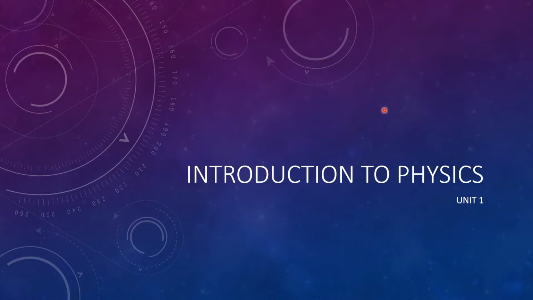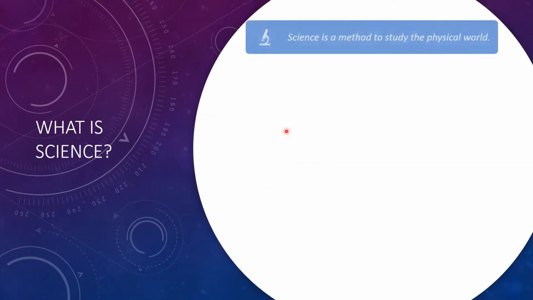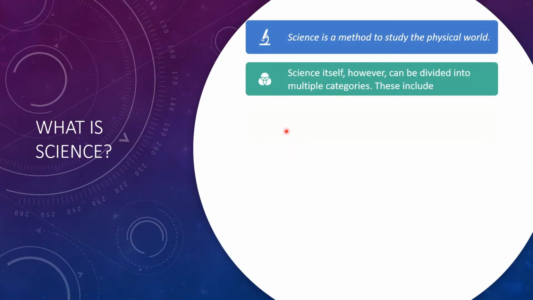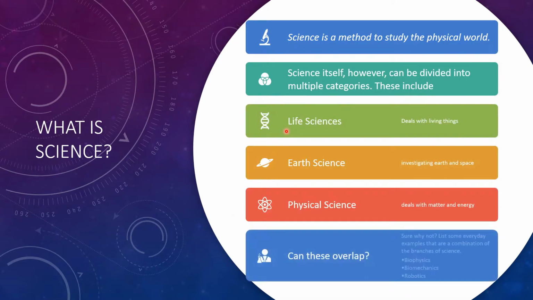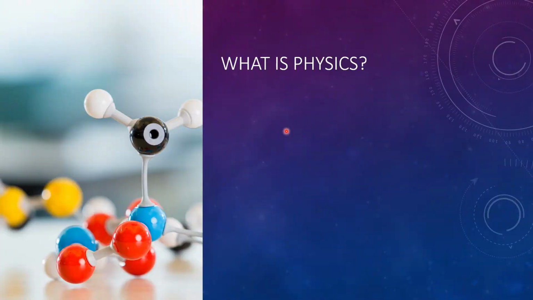So we went with our introduction to physics. We briefly went through what is science, what all those steps were, how there are different branches of science, and physics belongs to that one particular as one branch of science.